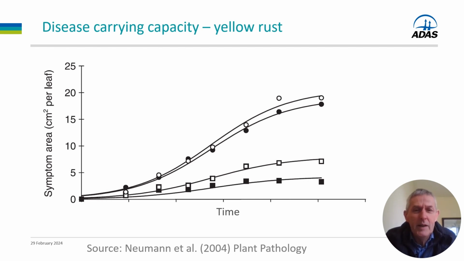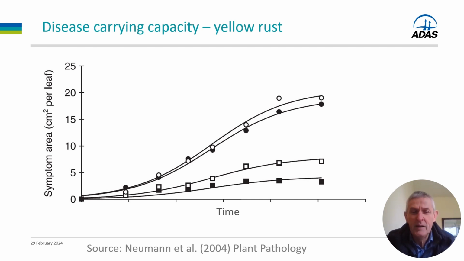The top curves are where the nitrogen inputs were high, and each of the curves below is where we reduced the amount of nitrogen applied.